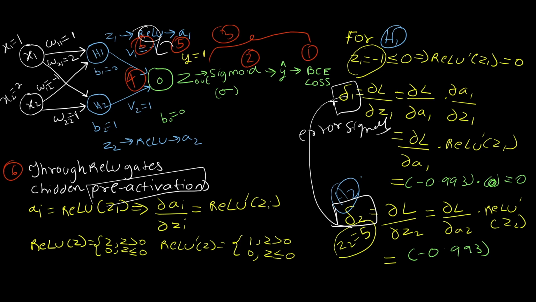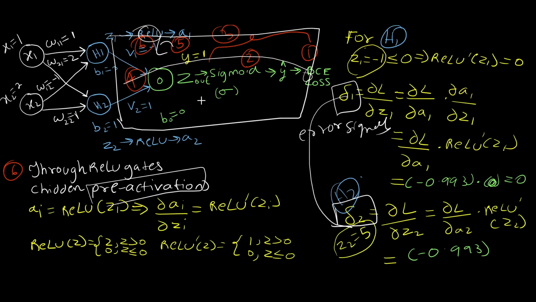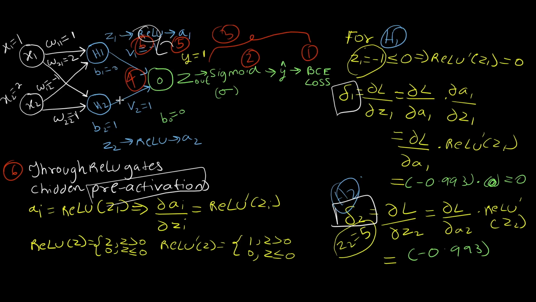We can calculate the error which is passed down, which is the gradient passed back from the downstream components, from the loss up to here. So here we will have the error signal 1 and here the error signal 2. This is our main goal here. So let's go ahead and solve this.